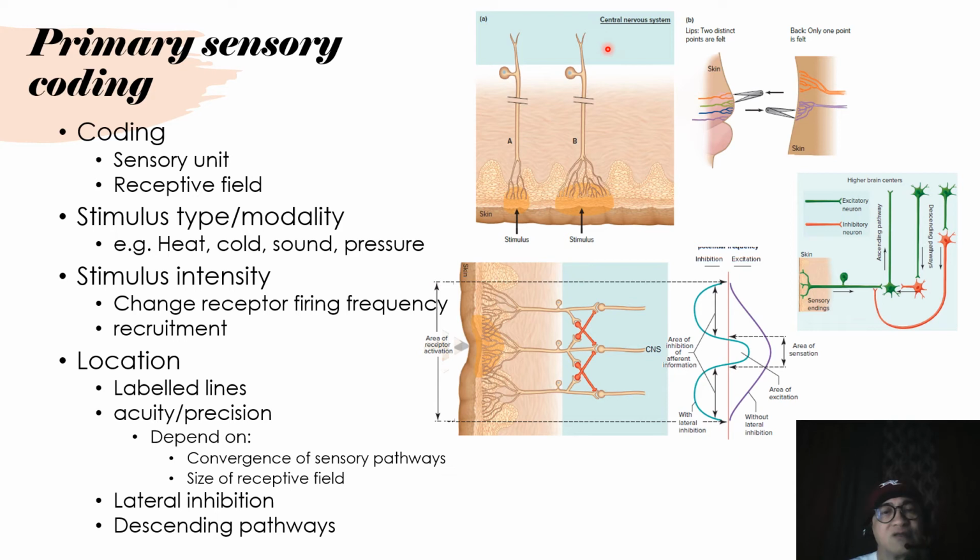Based on location of the stimulus, coding is by the site of receptor stimulated or along unique pathways called labeled lines. The precision or acuity by which a stimulus may be located and discerned as one stimulus depends on the amount of convergence of neuronal input.